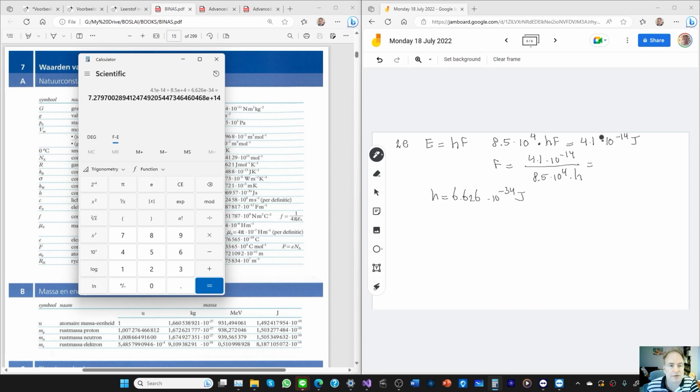So I get a frequency of 7.3 times 10 to the power 14. Actually, let's keep a little bit more digits here. I keep one more digit than would be required. So I keep 7.3 times 10 to the power 14 hertz.